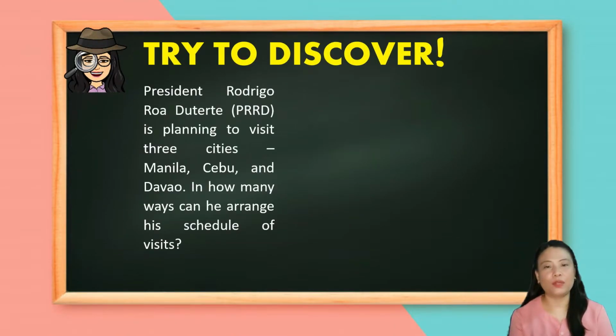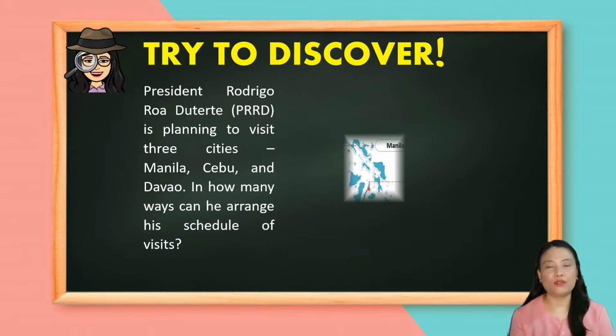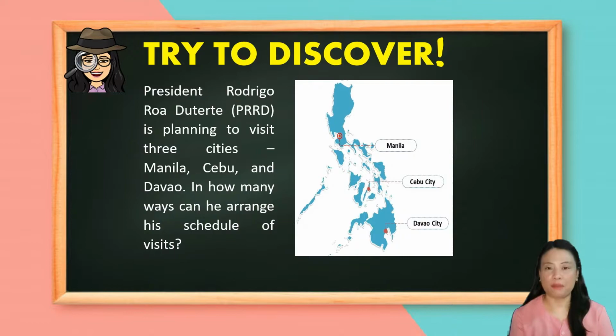President Rodrigo Roa Duterte, or PRRD, is planning to visit 3 cities: Manila, Cebu, and Davao. In how many ways can he arrange his schedule of visits? If there is no restriction in order of visits, then PRRD may start in any of the cities.